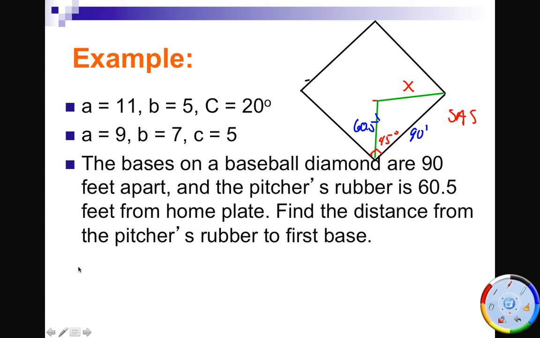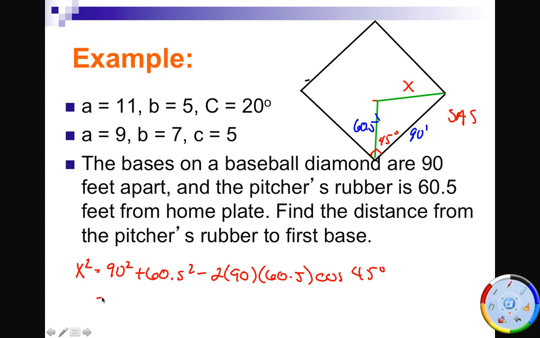And if we did that really quick, I know x squared is equal to 90 squared plus 60.5 squared minus 2 times 90 times 60.5 times the cosine of 45 degrees. And I'm just going to find the square root of that so I can find that x is equal to something. Square root of 8100.